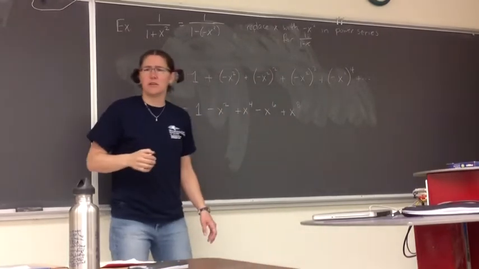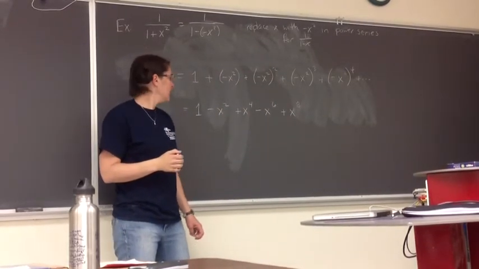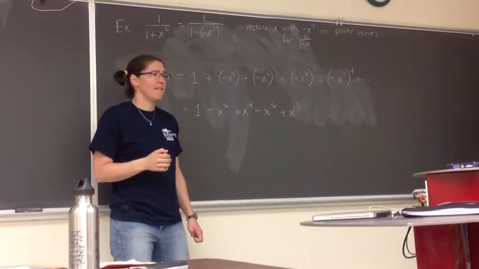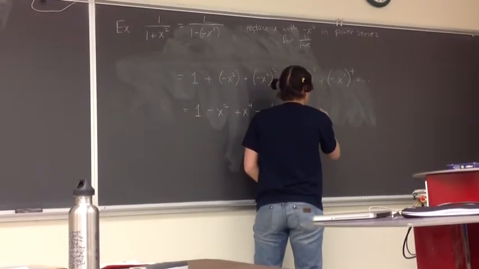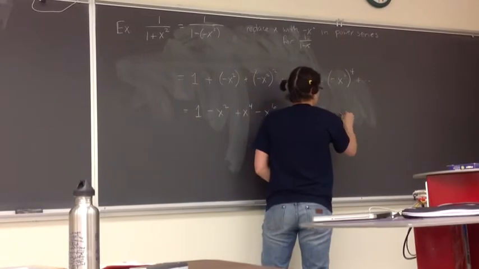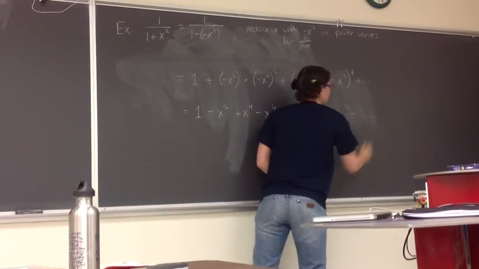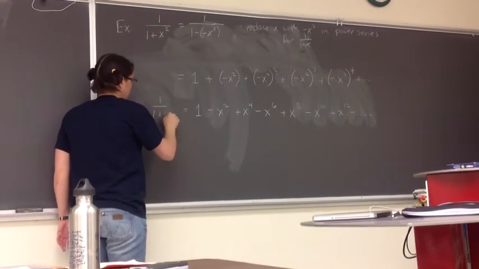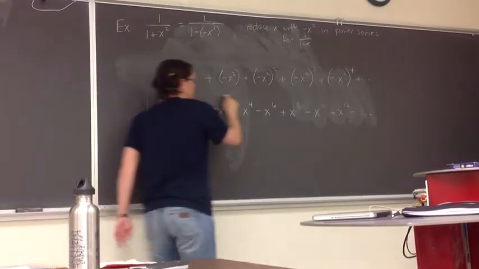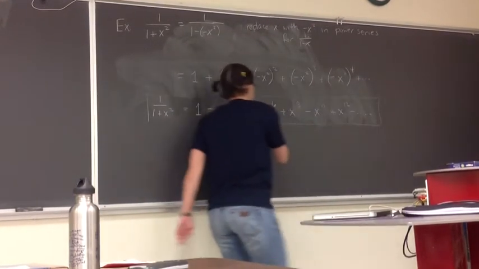And what's my next term going to look like? Minus x to the 10th. Yeah, minus x to the 10th will be the next one. And then a plus x to the 12th, etc. And so what we've done now is write 1 over 1 plus x squared as a power series.